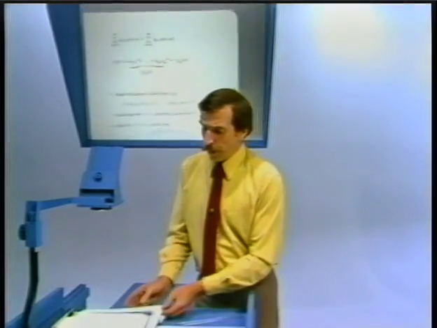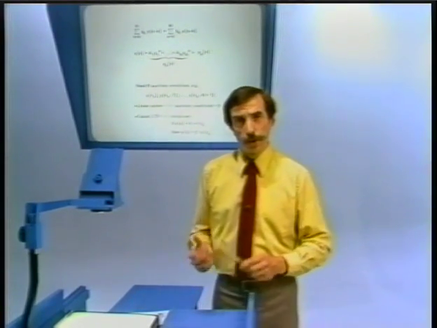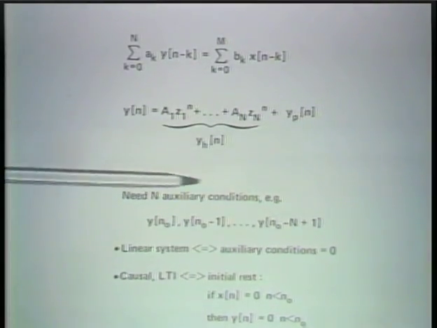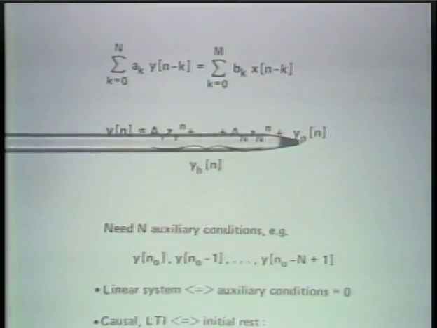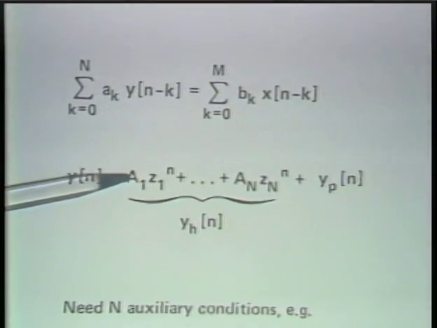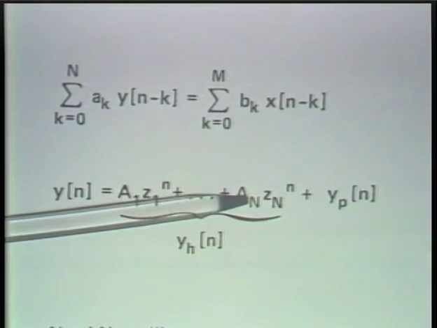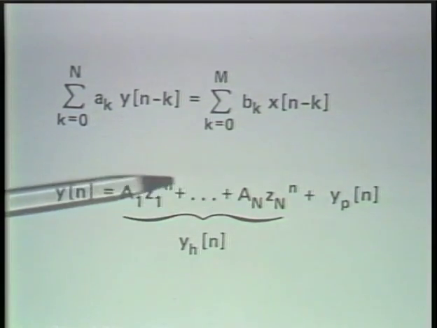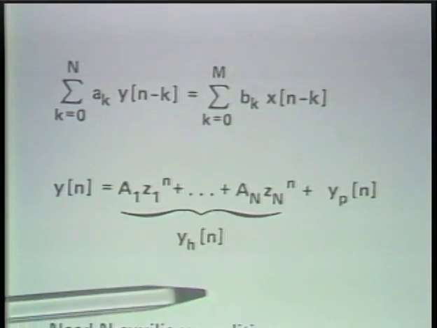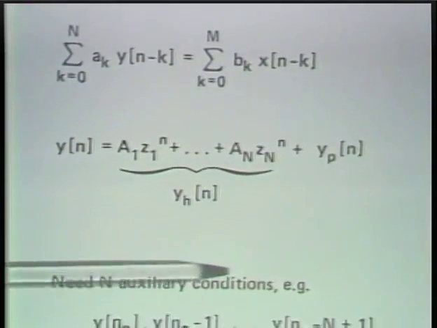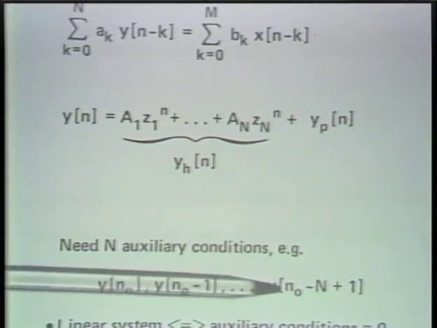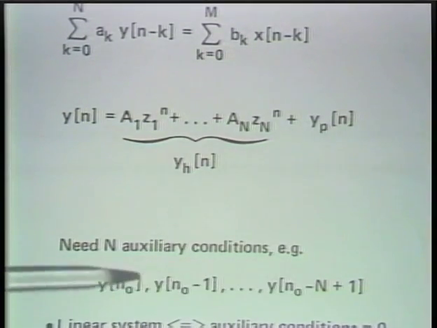So the general form then for the solution to the difference equation is a sum of exponentials plus any particular solution. It's through auxiliary conditions that we determine these coefficients. We have N undetermined coefficients, and so we require capital N auxiliary conditions. For example, some set of values of the output at N distinct instants of time.